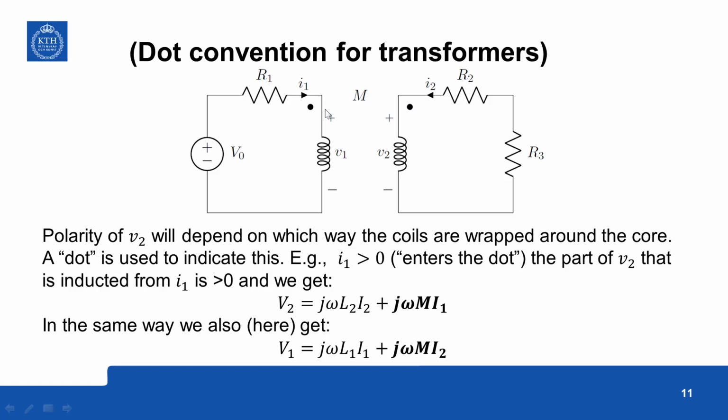This is the sign convention, positive V1, positive V2. So a positive current is entering the dot. Then V2 is j omega L2 I2, where L2 is the self-inductance, plus the contribution from this, which will be positive because both currents are entering the dot. In the same way, V1 is j omega L1 I1 plus j omega M I2 because of this dot convention.